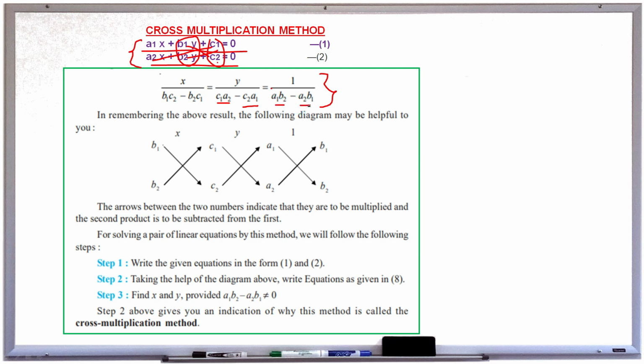You have to remember this formula to solve two linear equations using the cross multiplication method.